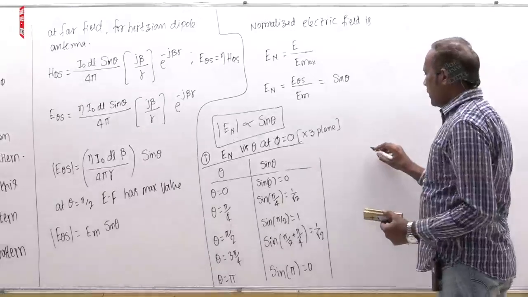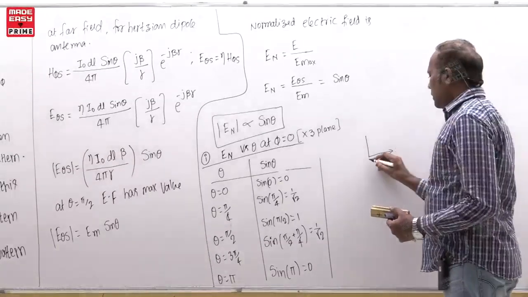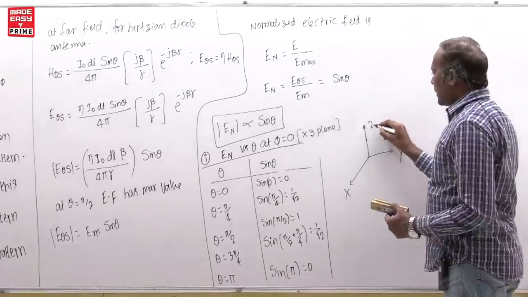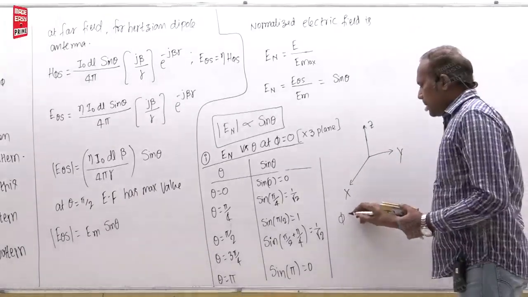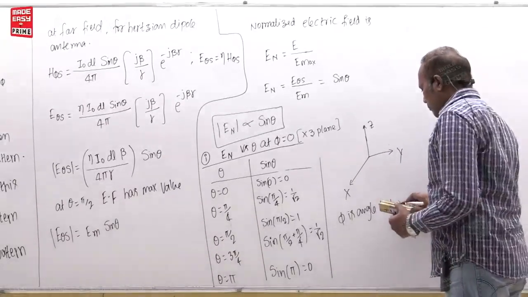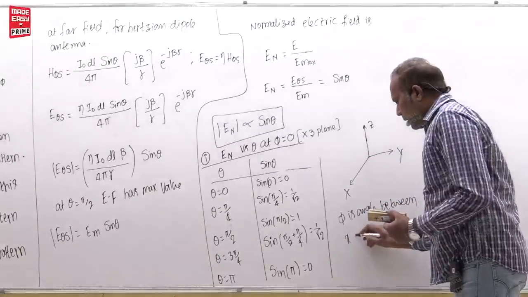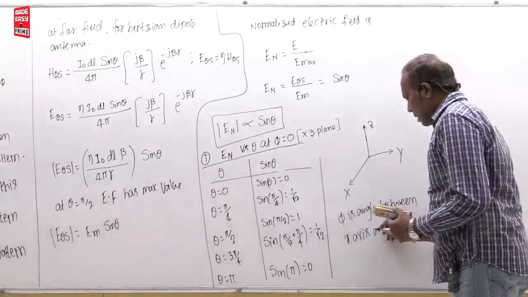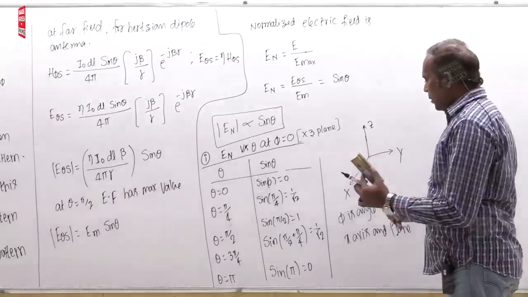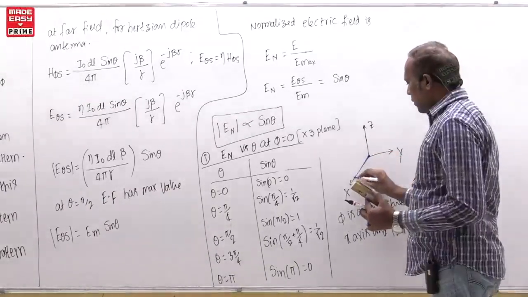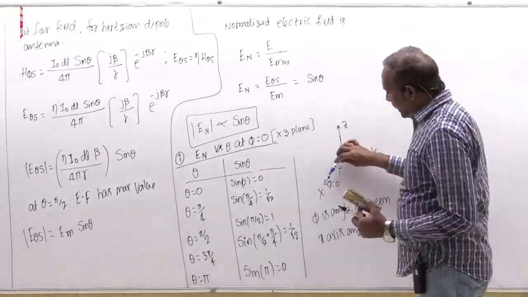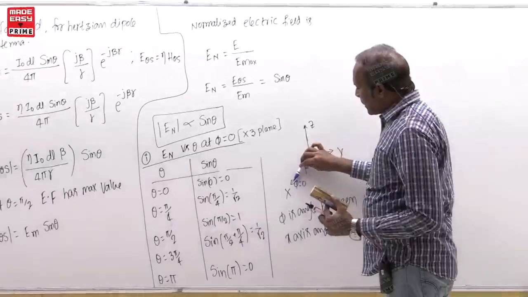If you want to draw a diagram, see this diagram. This is x-axis, this is y-axis, this is z-axis. Now phi is the angle between the x-axis and the radius line. Here, if you take the radius line here, then angle phi is equal to 0. Now you can take this radius line on the xz plane.